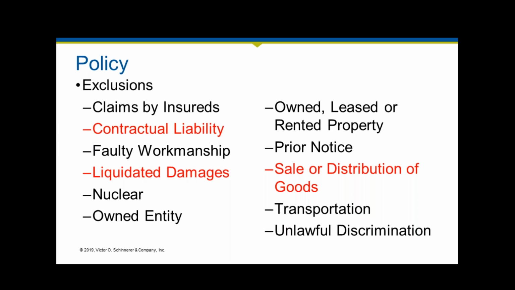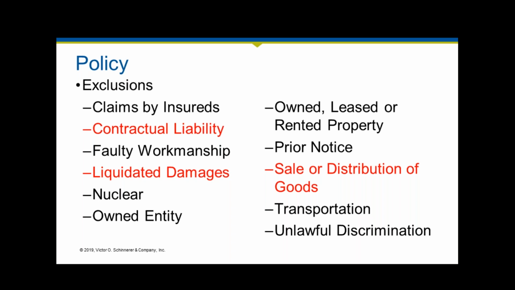And the exclusions in a professional liability policy really help to define what's not covered, right? We'll look at contractual liability, liquidated damages, and sale or distribution of goods, because those are exclusions that may or may not make a big difference to you.